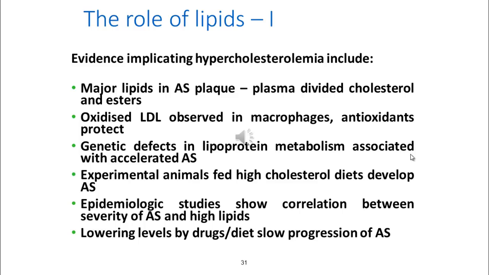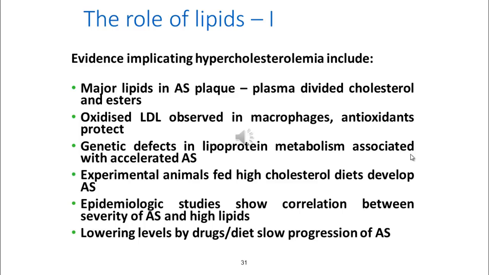There is evidence which indicates that hypercholesterolemia has a role in the formation of the atheroma. The major lipids in the atherosclerotic plaques are basically plasma-derived cholesterol and esters. The oxidized LDL is observed inside the macrophages, and if you take antioxidants, they help in the prevention of oxidized LDL formation.